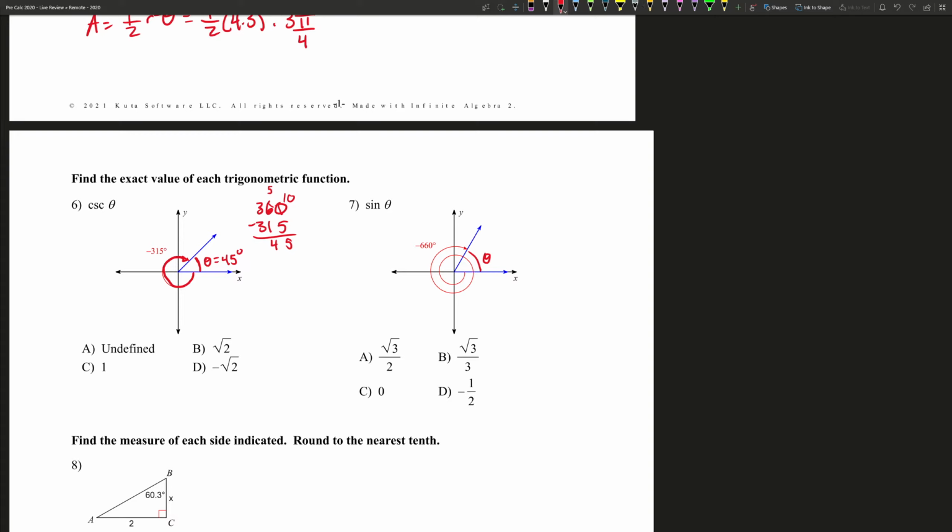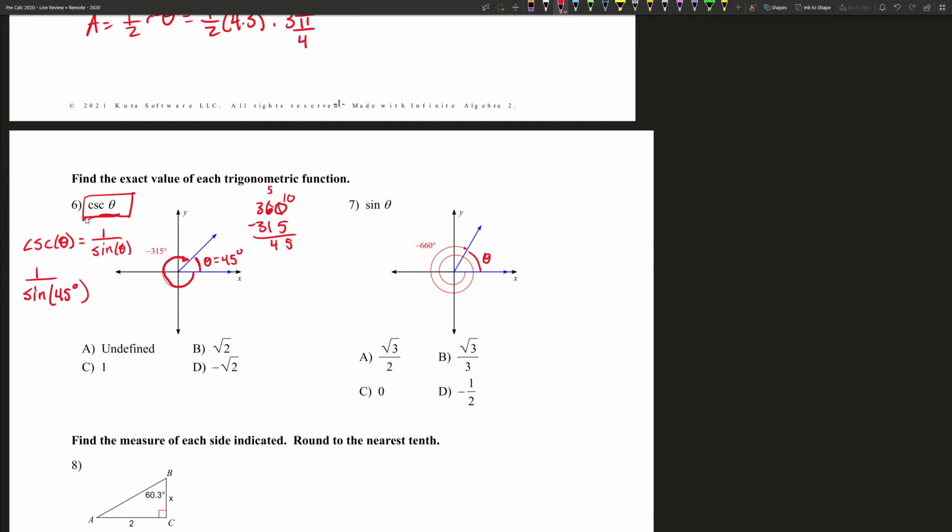Then we have to actually find the cosecant of that, right? And cosecant of theta we should know is the same thing as 1 over the sine of theta, right? So we need to find 1 over sine of 45.